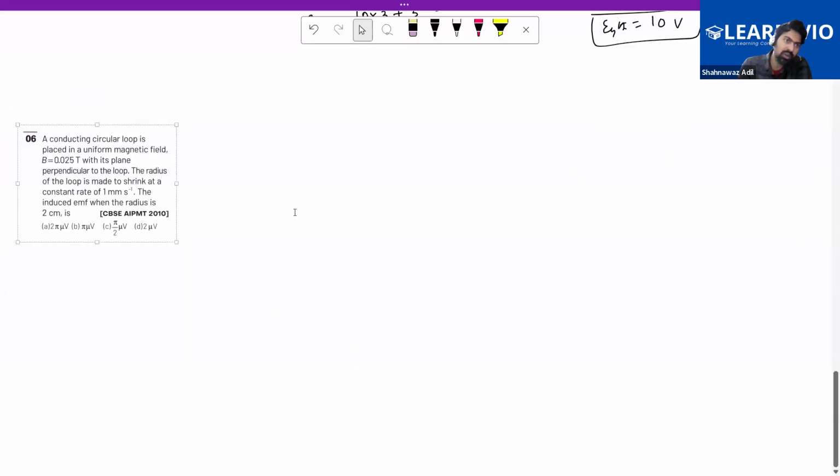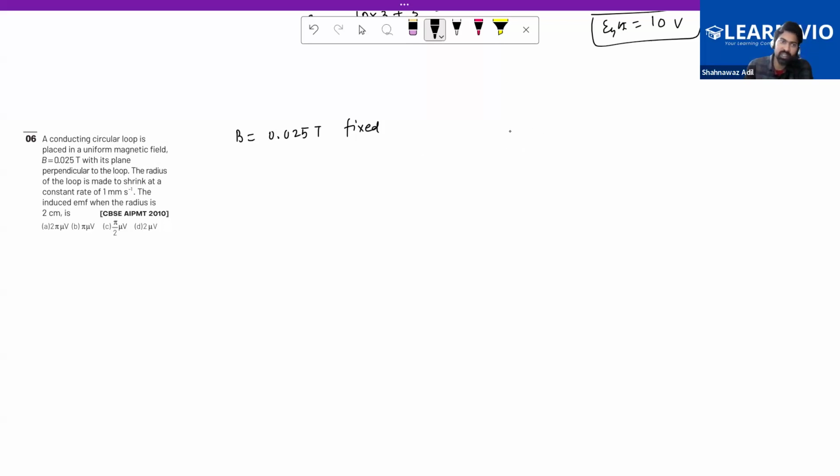Okay, so a conducting area is placed in a uniform magnetic field. So magnetic field is fixed. This is fixed, which is 0.025 Tesla. This is fixed. With its plane perpendicular to the loop.